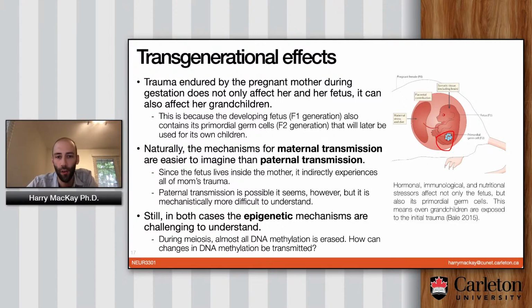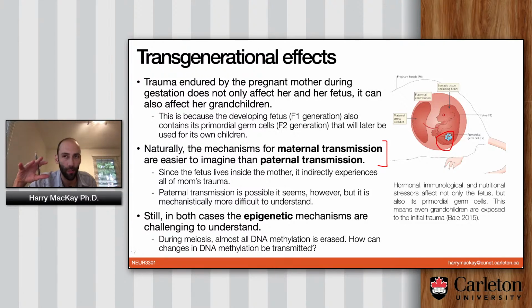And this gets into the idea that maternal transmission of trauma is easier to understand or to imagine than paternal transmission, because the fetus lives inside of mom. So whatever mom is exposed to, the fetus is exposed to as well. If dad is stressed, it's just harder to imagine how that stress would be transmitted to the offspring.